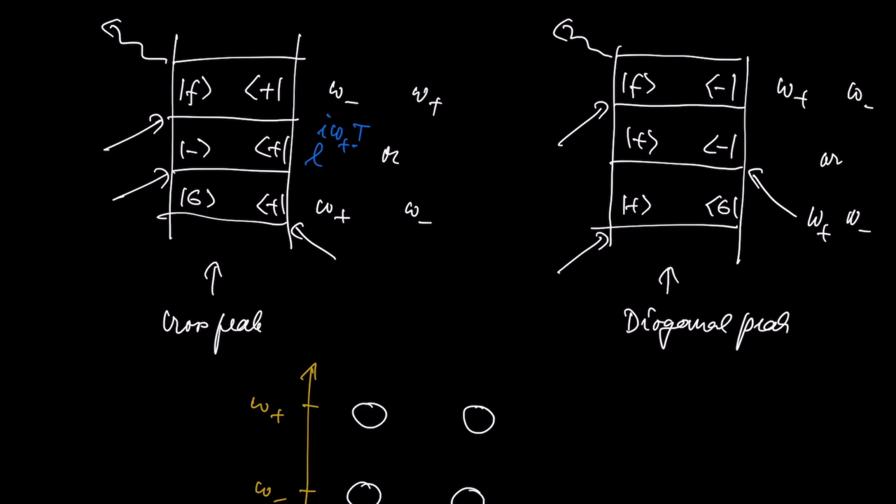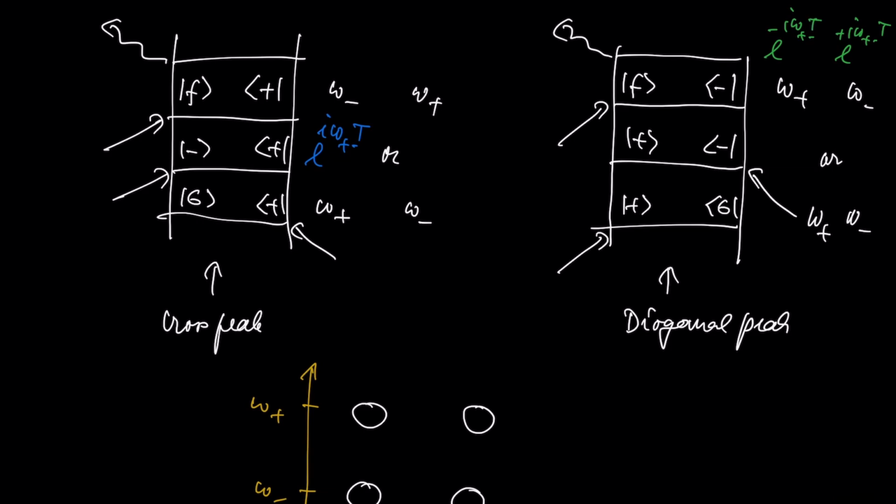Minus minus would mean that we have e to the power of minus i omega t, and the plus plus situation is the one here on the diagram. Oh, sorry, so here you will have plus, and here we will have minus i omega plus minus capital T.